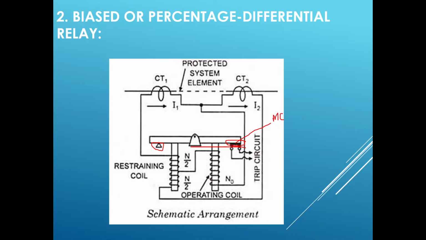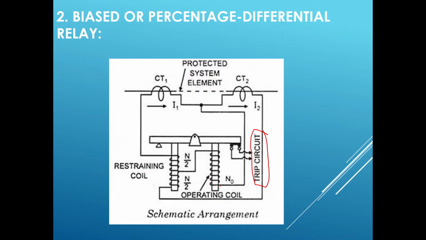These two dots are our fixed contacts of the trip circuit. So you can see here it is mentioned trip circuit. We already know the trip circuit should be under open condition.